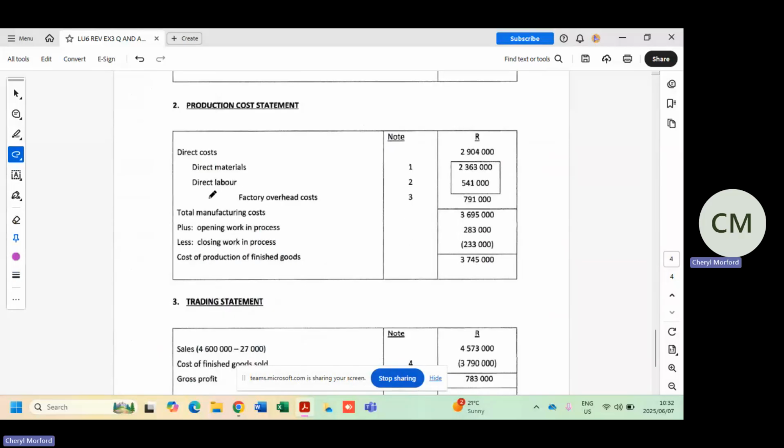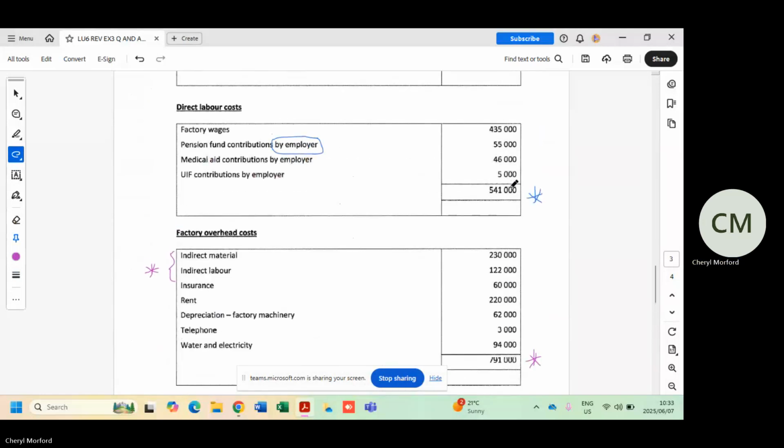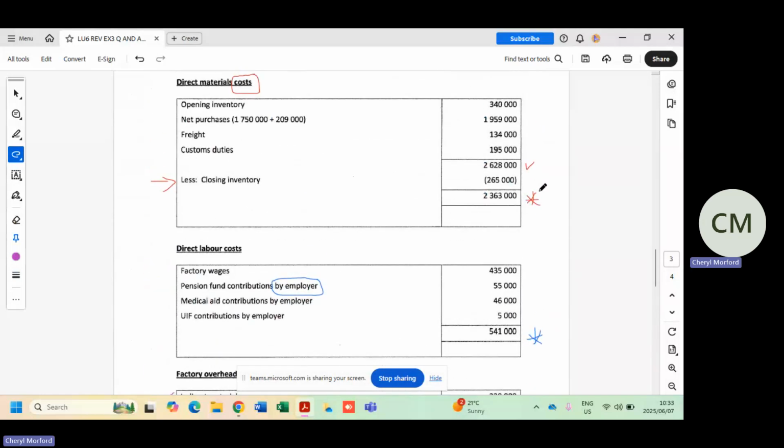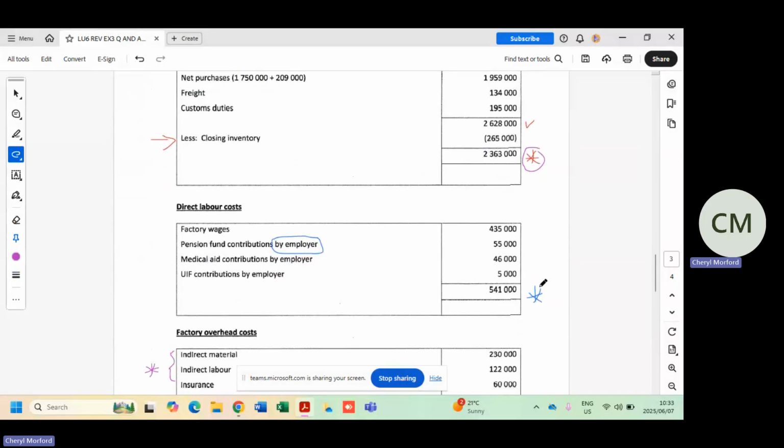Okay. There's a heading that says direct cost. It consists of the 2 components, direct materials, direct labor. And where are we getting these values here? Those values are coming straight from the last line of each of the notes. So let me just refresh for you there. There, this one, 2,363,000 for direct materials, 541 direct labor.